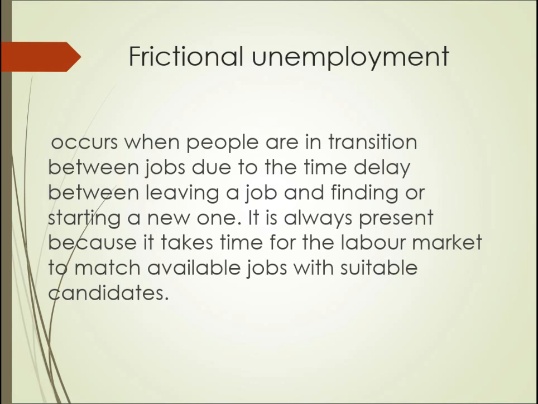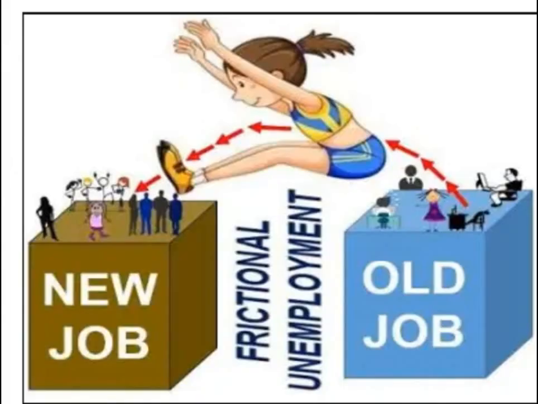In between that gap, that person will be unemployed. Such unemployment is known as frictional unemployment. So whenever you hear the term frictional, you should remember that it is between two jobs.